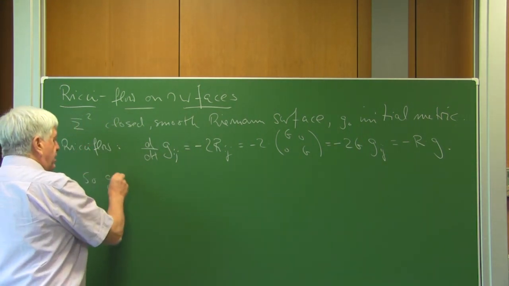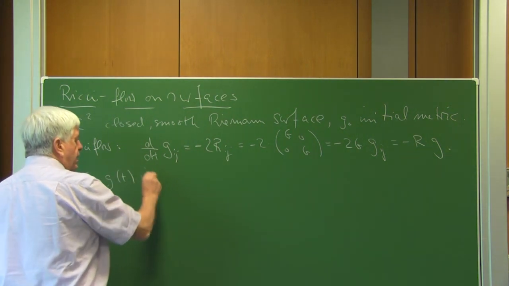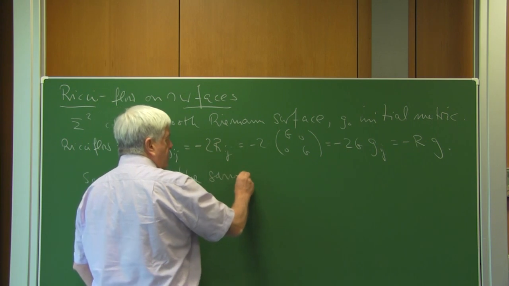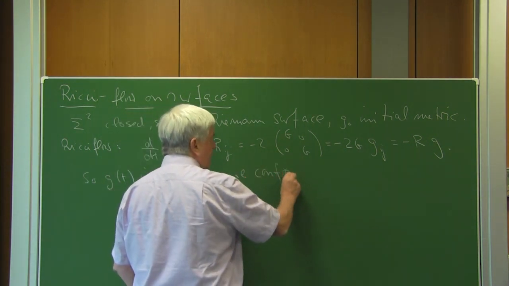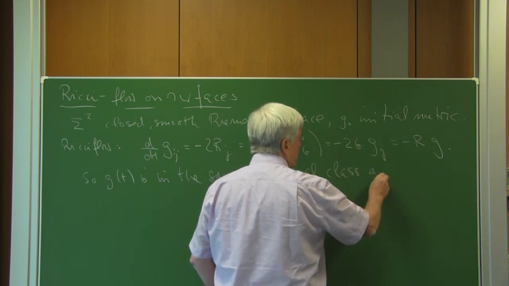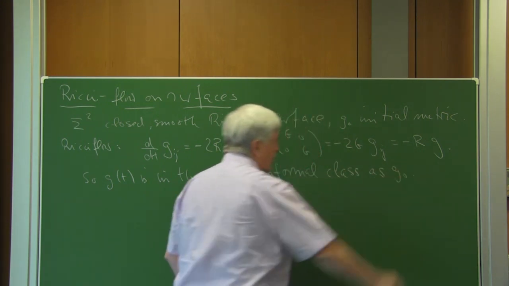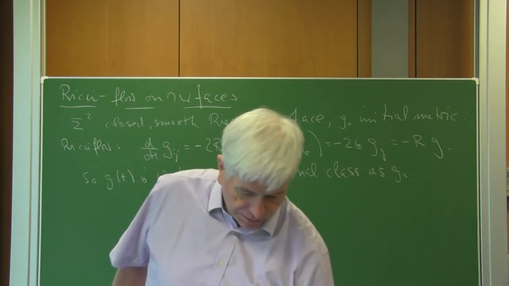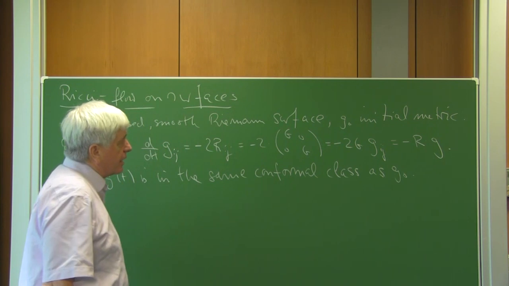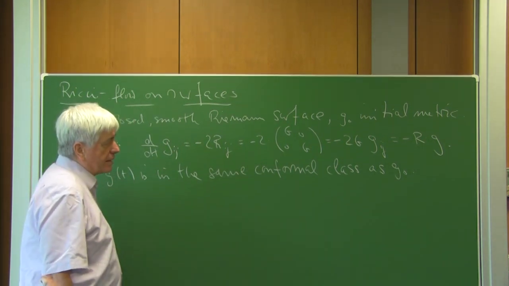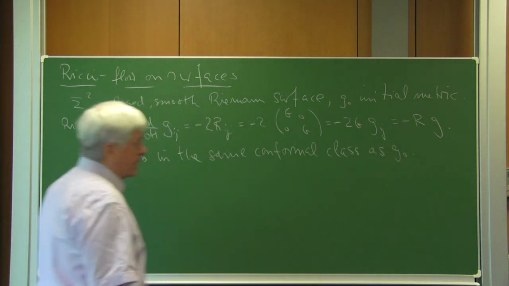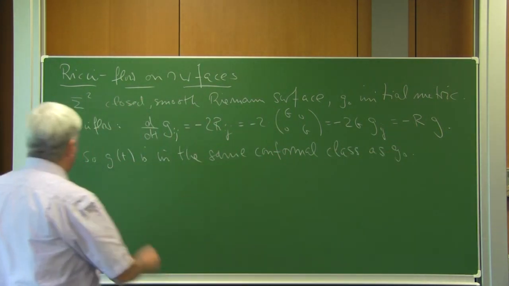So g(t) is in the same conformal class as g_0. And the other thing, of course, is that because we are in the two-dimensional case, the Gauss-Bonnet formula tells us that the integral of K, and therefore the integral of R, is a topological invariant.